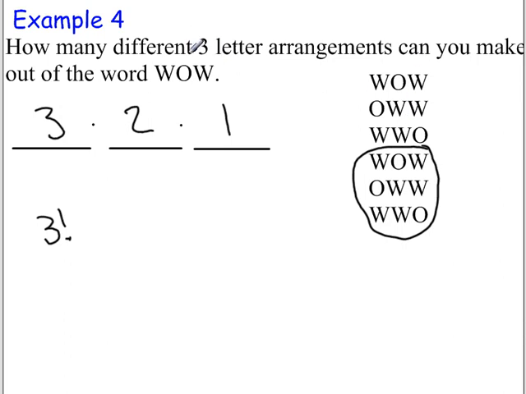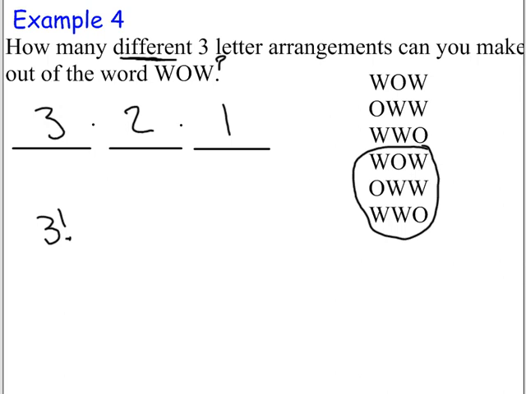And it says, how many different three-letter arrangements can you make out of the word wow? Question mark there. So it's actually only three different arrangements that you can make.